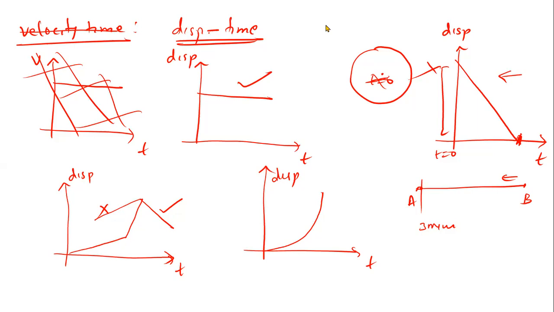Is this curve possible? Yes, sir, it is possible. So what does it indicate? It's an exponential proportion between displacement. Okay. Now, can you explain the situation?